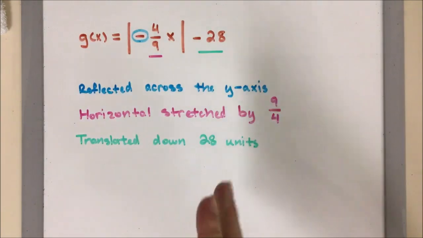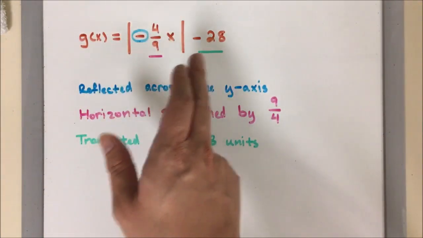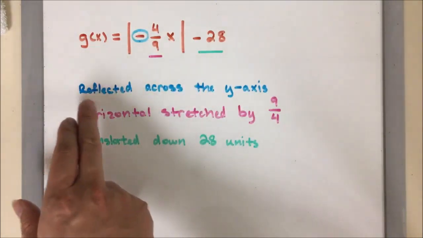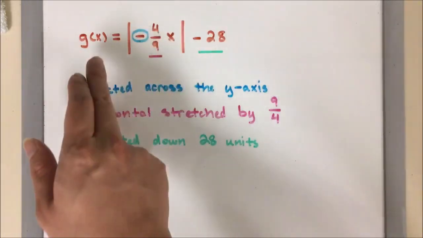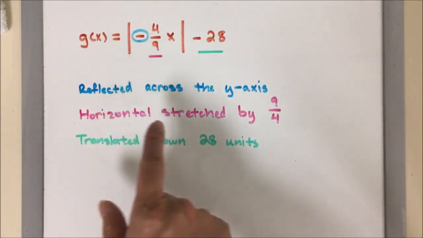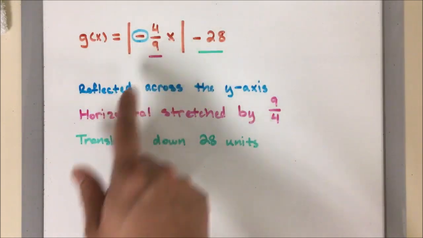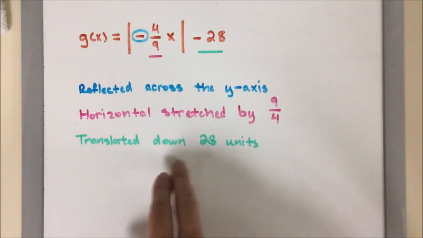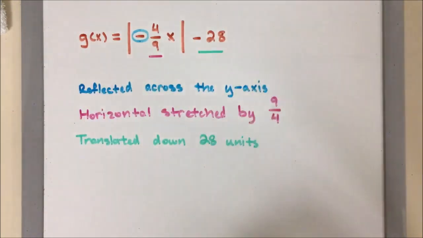So in this example, we had three transformations: the negative, the 4 over 9, and the minus 28. So for the negative, reflected across the y-axis because it's inside and in front of x. Horizontal stretch by 9 over 4 because the fraction is also inside and in front of x. And then translate down 28 units because the minus 28 is outside and behind.